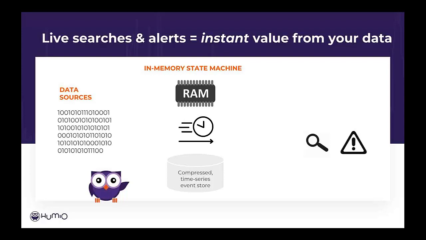In the simplest sense, Humio takes raw data and uses machine-level resources to process that into valuable, actionable information. If you see in this diagram here, you have very basic information that's being processed. In this middle section, the in-memory state machine, that could be your local cloud, your private cloud, a public cloud, or an on-premise server setup that you have, but somewhere where Humio is running.